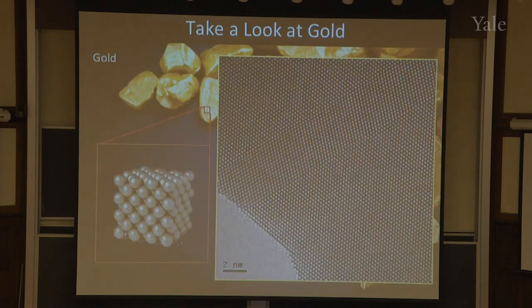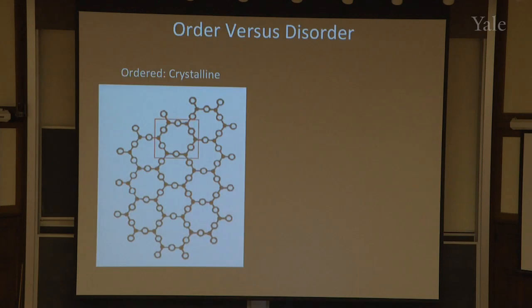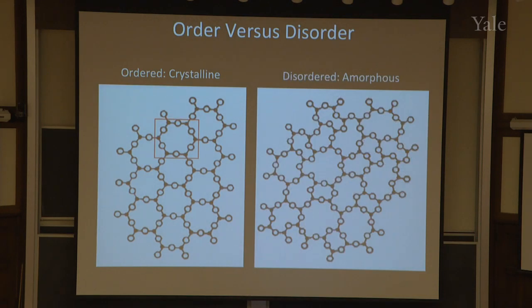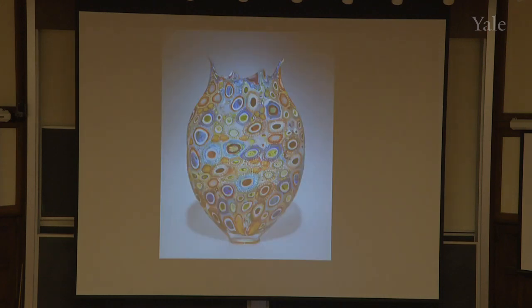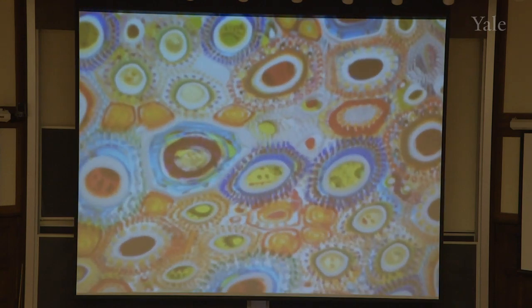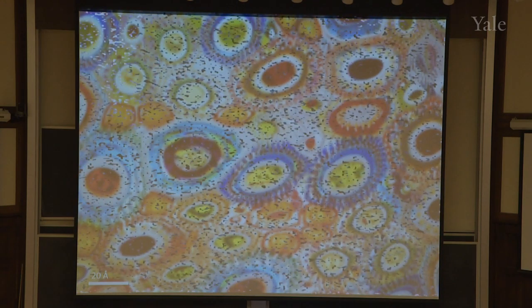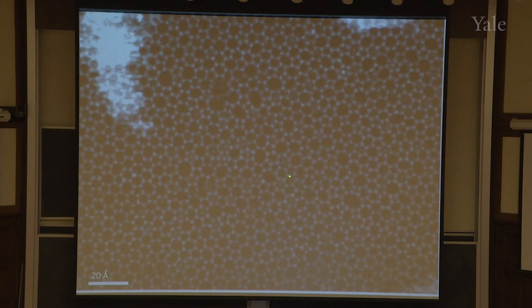So gold was a crystalline structure. And only recently, about 5-6 years ago, we became able to see some of the amorphous structures as well. One of the most common examples of amorphous structure is glass. Glass is amorphous, where the silicon and oxygen atoms are randomly arranged. If you magnify this about 1 million times, you can actually see how the silicon and oxygen atoms are arranged.